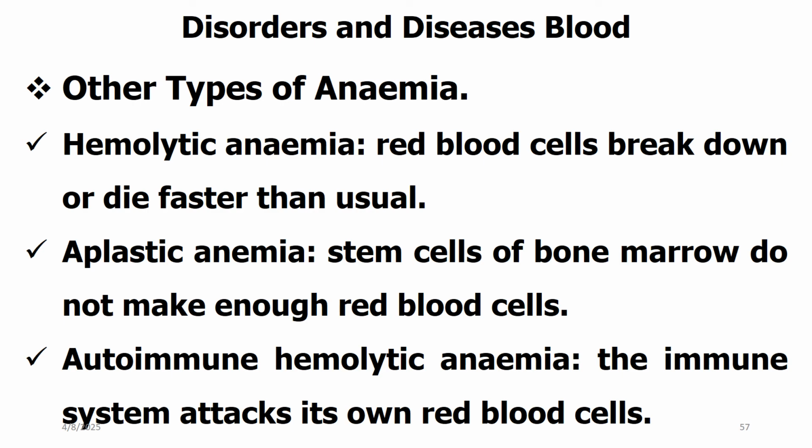Other types of anemia occur. These are hemolytic anemia, where red blood cells break down or die faster than usual. Aplastic anemia, where stem cells or bone marrow do not make enough red blood cells. And autoimmune hemolytic anemia, where the immune system attacks its own red blood cells.